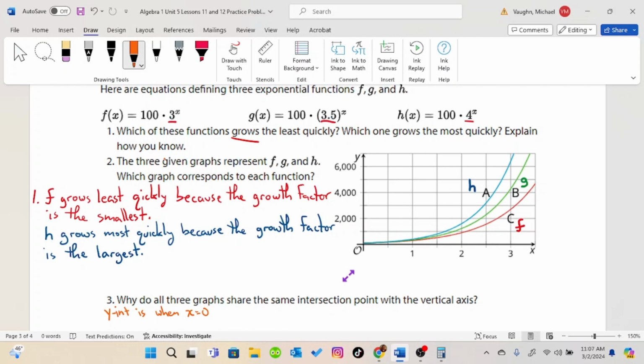In all three of these, when x equals 0, they all become 100 times 1.